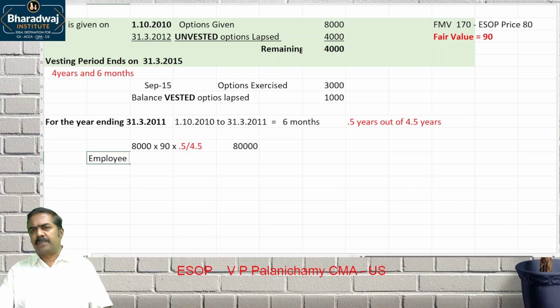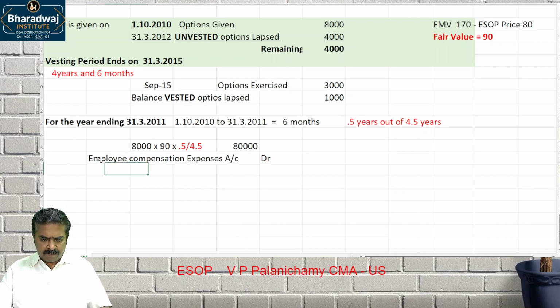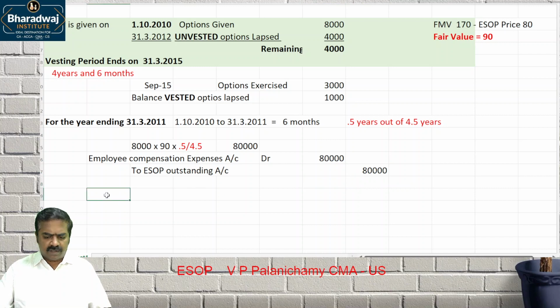Employee benefit expenses, or you can say employee compensation expenses or employees cost. Any word you can use. How much? 80,000. This you will charge in P&L account. What is the journal entry for that?